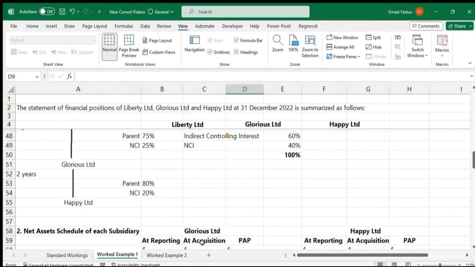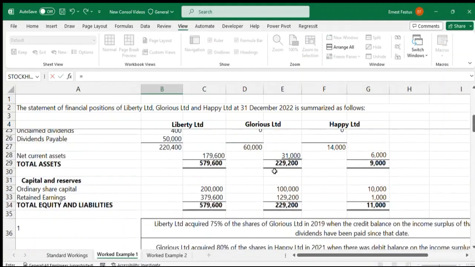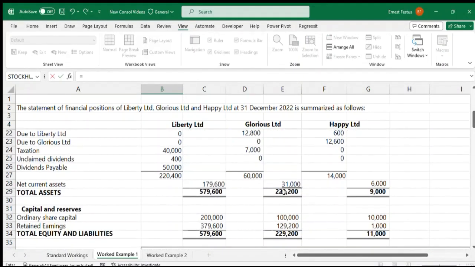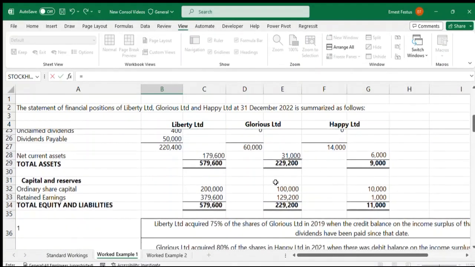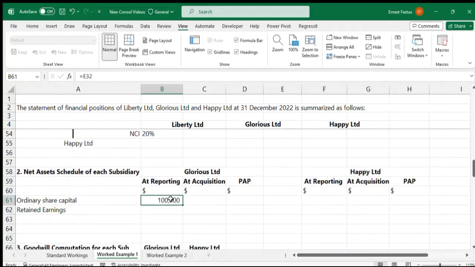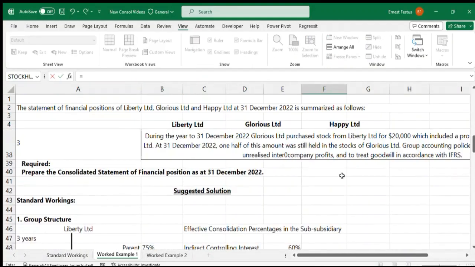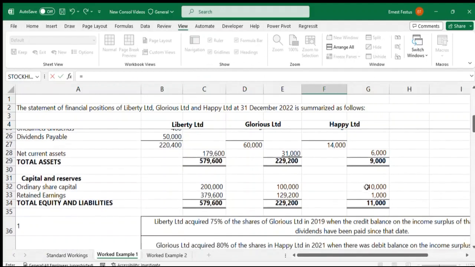So we have the ordinary share capital at reporting date, and that can be found on the statement of financial position. So this is 100,000 right here. So I'll just copy it down. So that is the value for our retained earnings as well. And then also let me link that of Happy Limited. So Happy Limited is this.